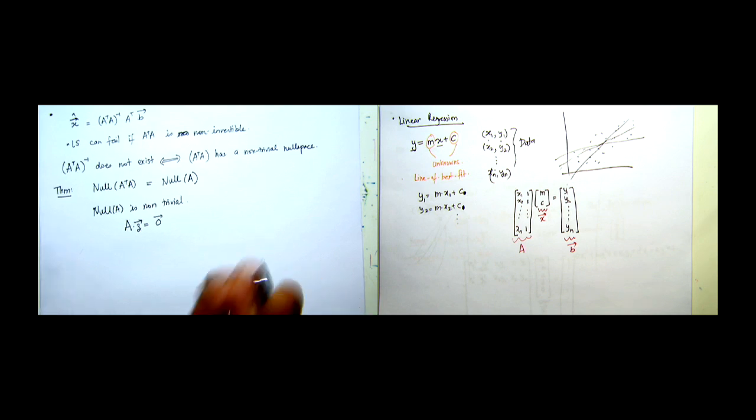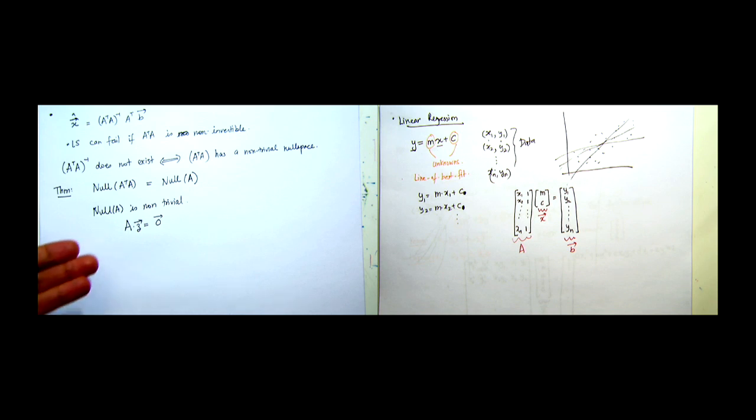If only the 0 vector satisfied this, then A would have a trivial null space. But because the null space is non-trivial, there's a non-zero vector Z that satisfies this equation.